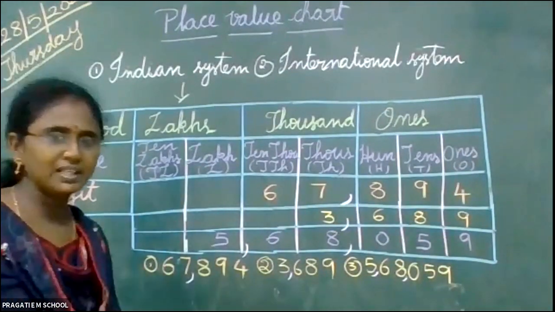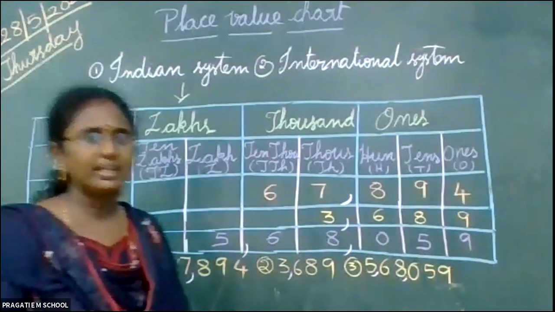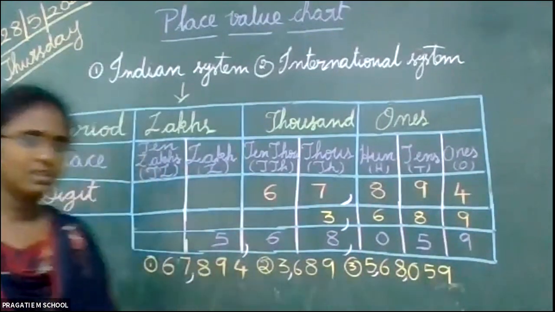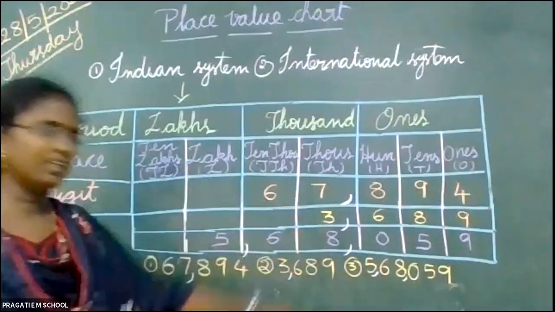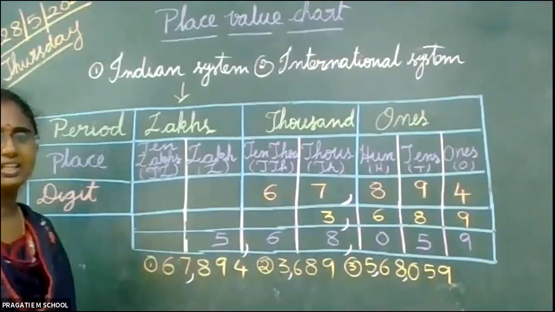5 lakhs 68,059. Here the hundreds place is 0, no need to read that hundreds place. So I'll read there only 5 lakhs 68,059.